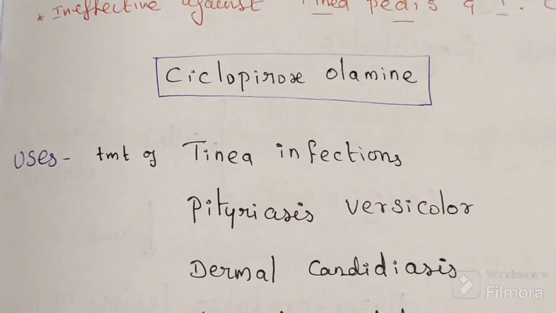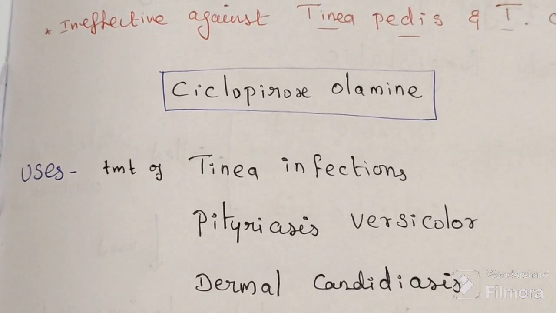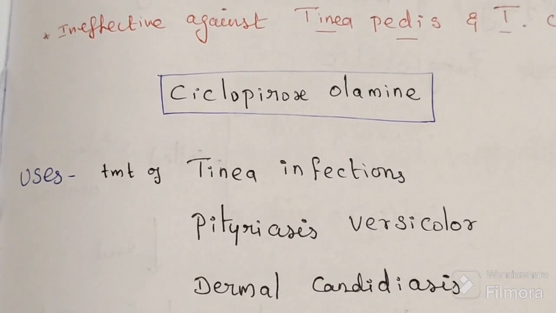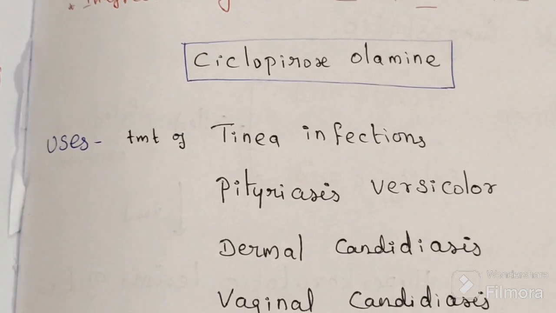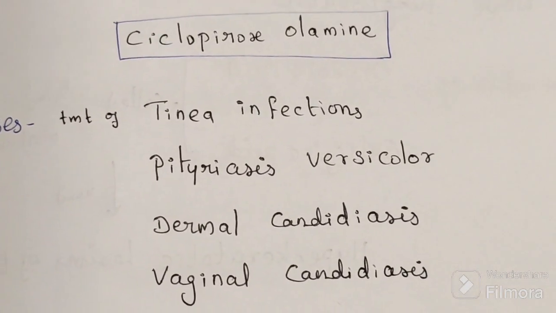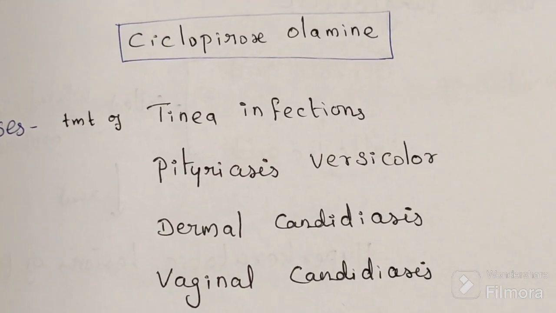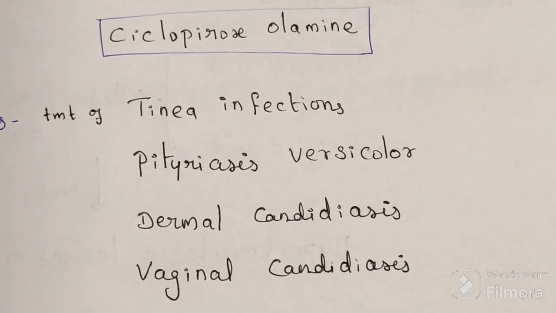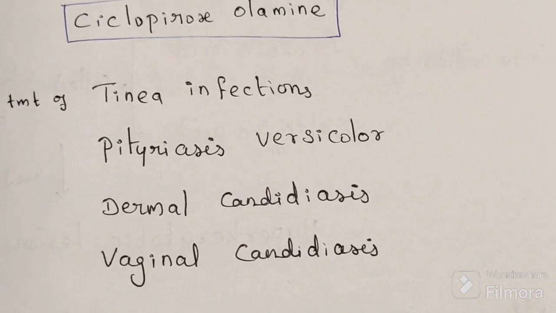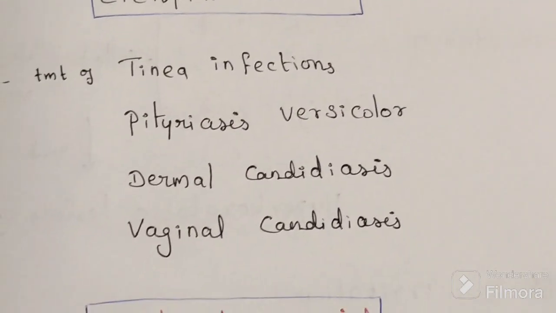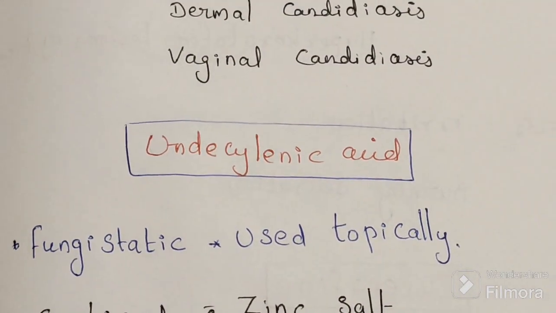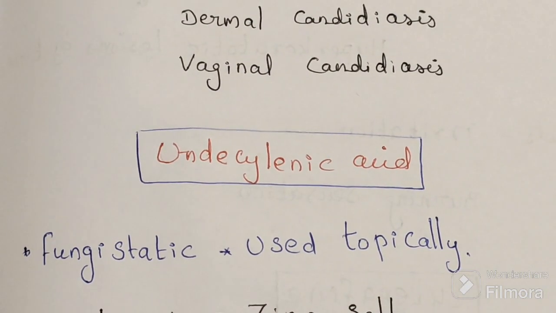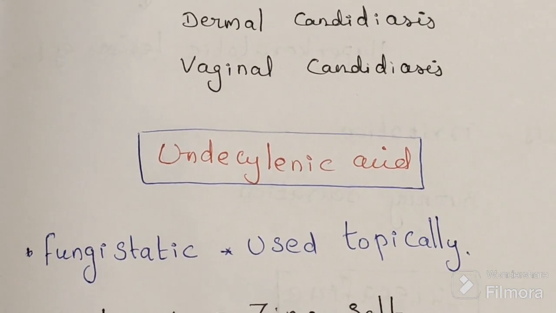Next drug, ciclopirox. It is used for the treatment of tinea infection, pityriasis versicolor, then vulvovaginal candidiasis and vaginal candidiasis. Next, undecylenic acid.